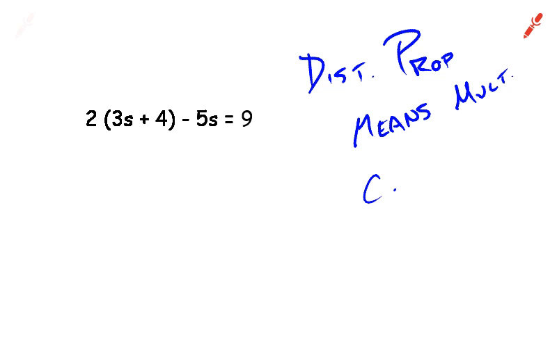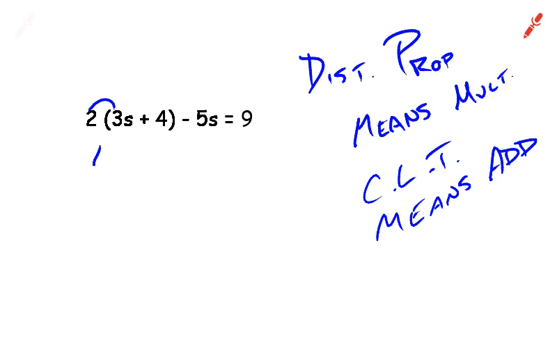And combining like terms means add. Okay, so we're going to multiply before we add always. So we're going to distribute first, and 2 times 3 gives me 6s. 2 times 4 gives me 8. And I've just got this minus 5s.